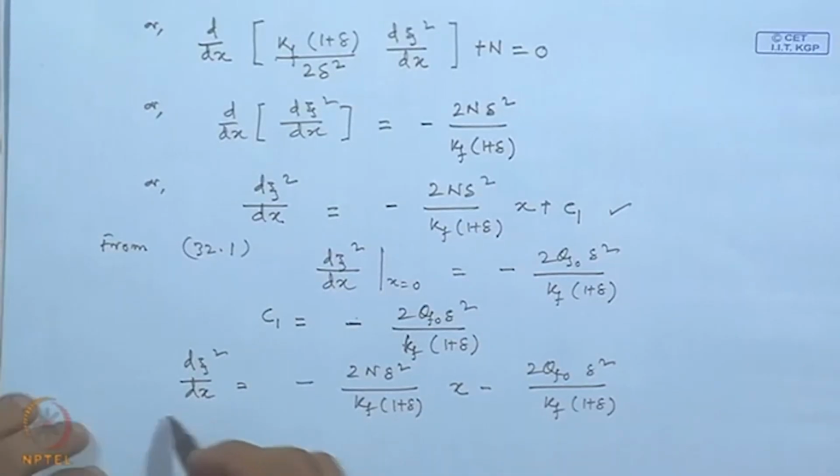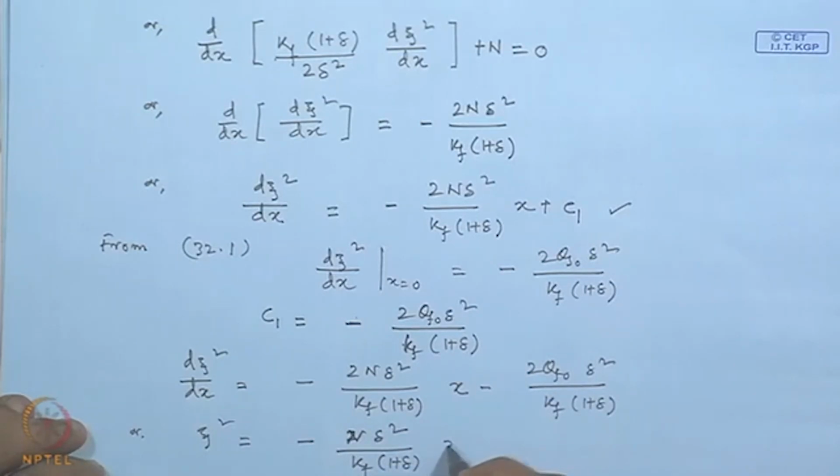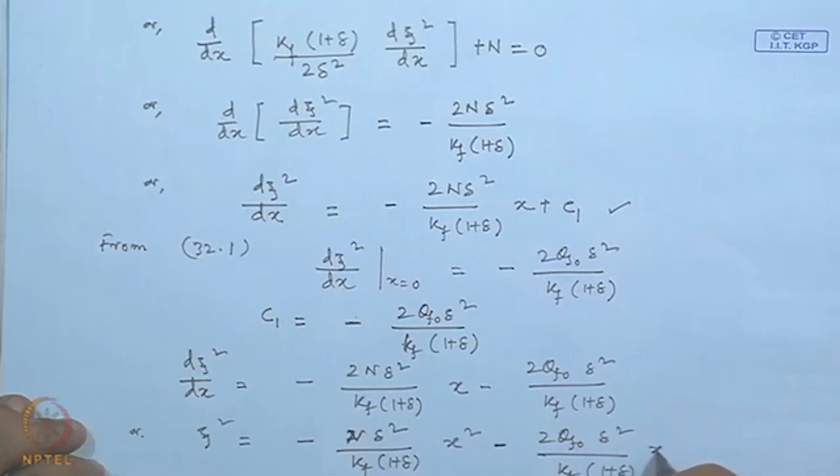So, again integrating this one, we will get xi square equals to minus 2, so 2 will cancel, this is x square. So, we have n delta square by Kf (1 plus delta) x square minus 2 Qf delta square by Kf (1 plus delta) x plus C2.